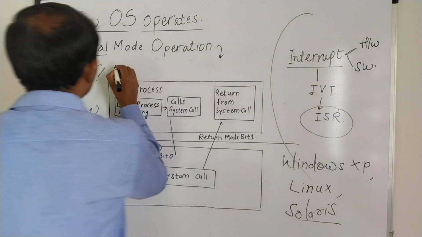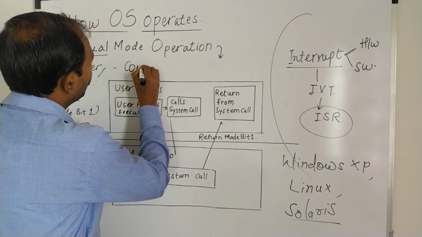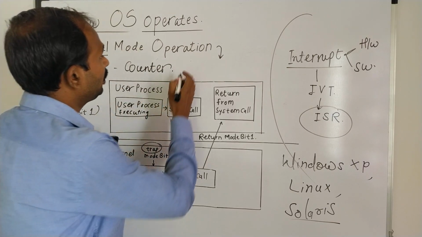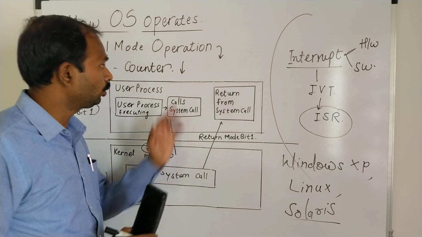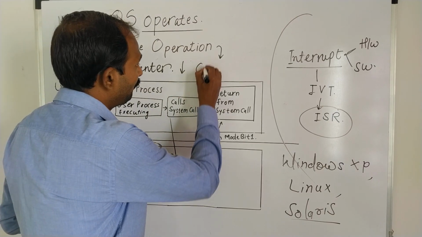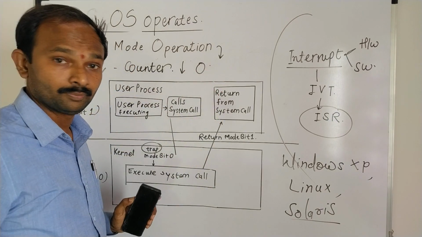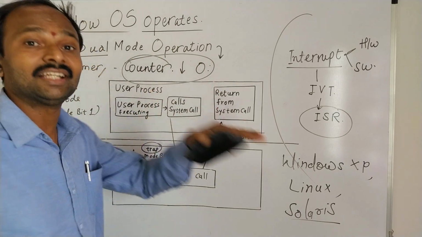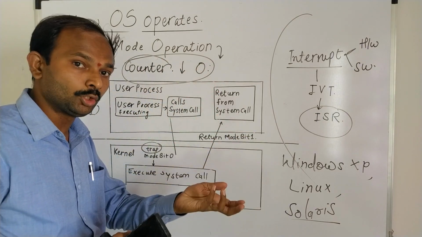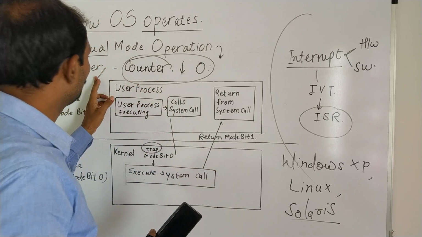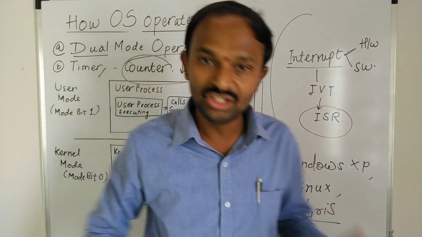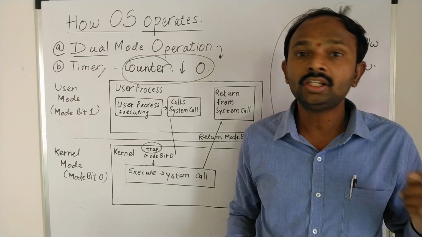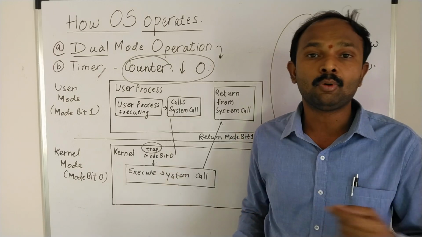For this timer there is also a counter available. The counter is going to decrement until it becomes 0. Once it becomes 0, an interrupt is executed, and when that interrupt is executed, that particular user process will stop. In this fashion, the operating system operates in dual mode operation and with the help of a timer.